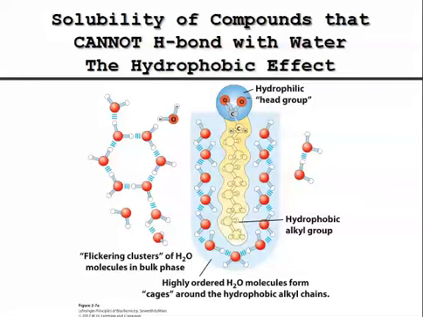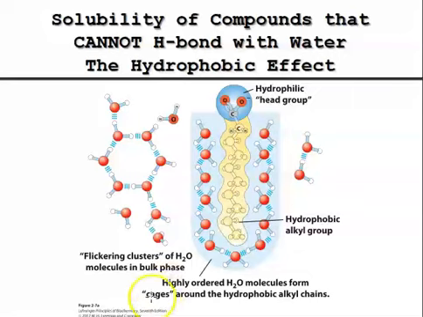And because of this, when hydrophobic molecules insert into the material of water, we're forcing a highly ordered arrangement of water molecules. And because we're forcing this very highly ordered arrangement of water molecules, what we have is a severe decrease in randomness of the system. So we have a severe decrease in entropy.